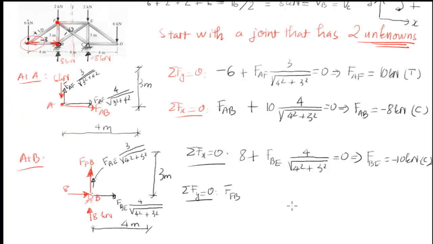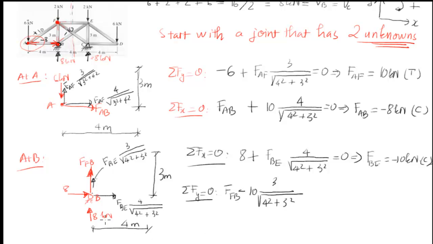So negative 10 times 3 over the square root of 4 squared plus 3 squared.